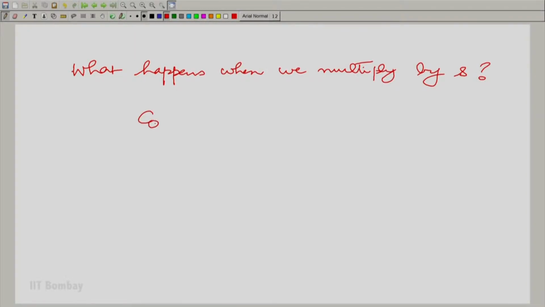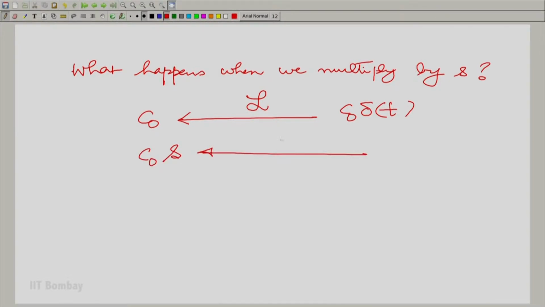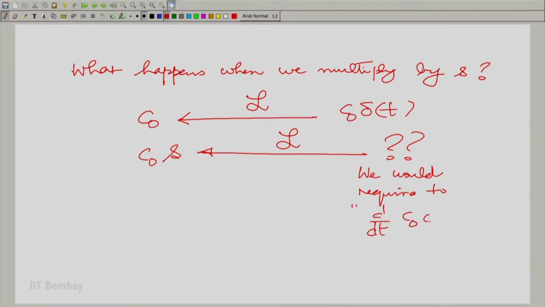C0 was the Laplace transform of C0 delta(t). Of what would C0 s be the Laplace transform? It would require you to differentiate here. So, we brought in a new idea now. Can you differentiate an impulse?